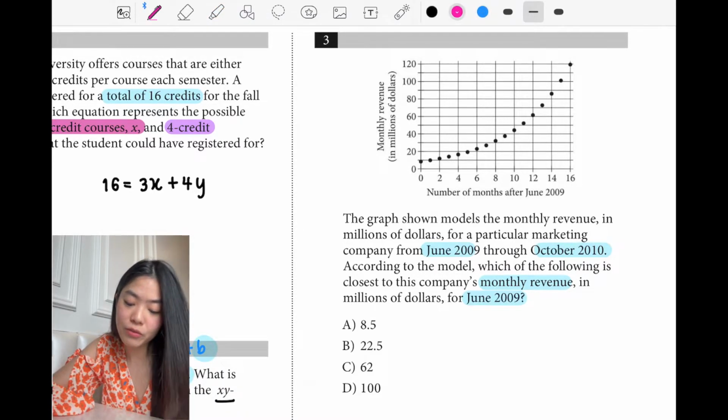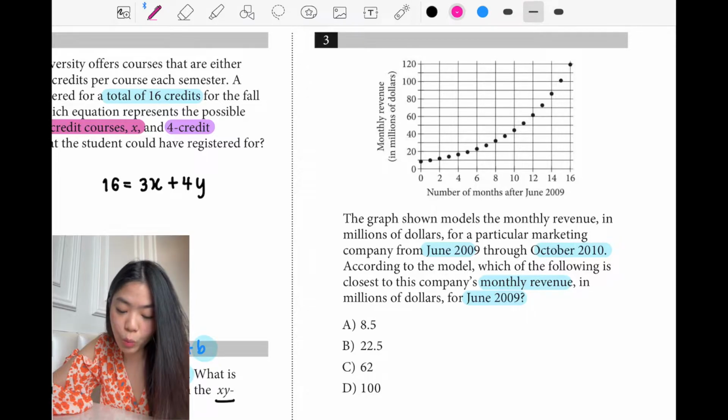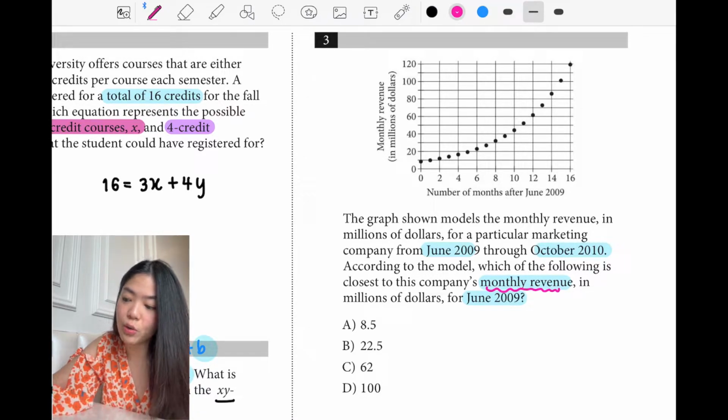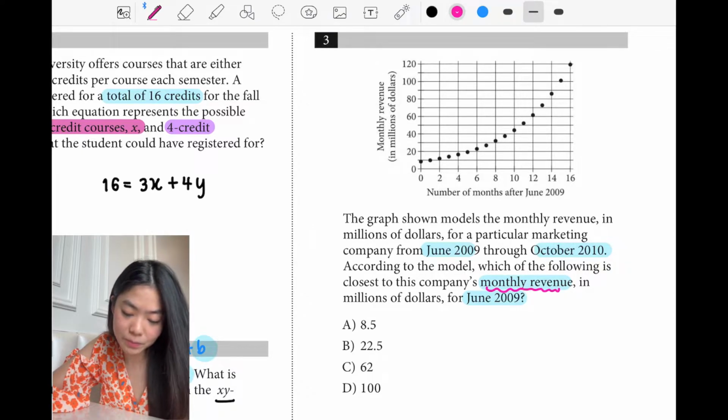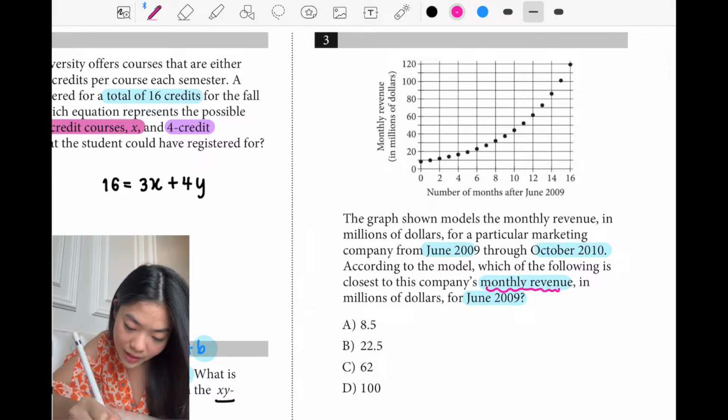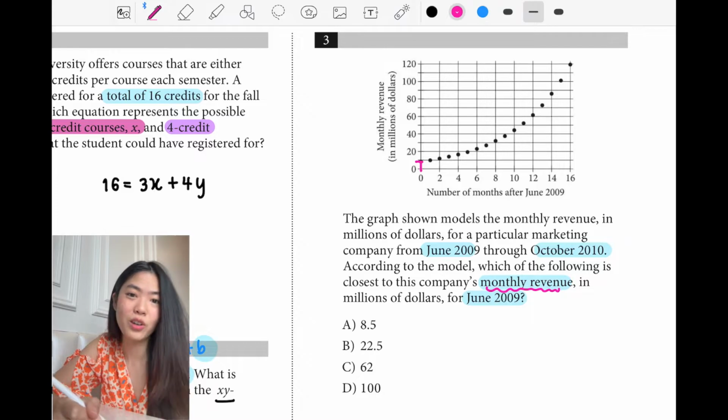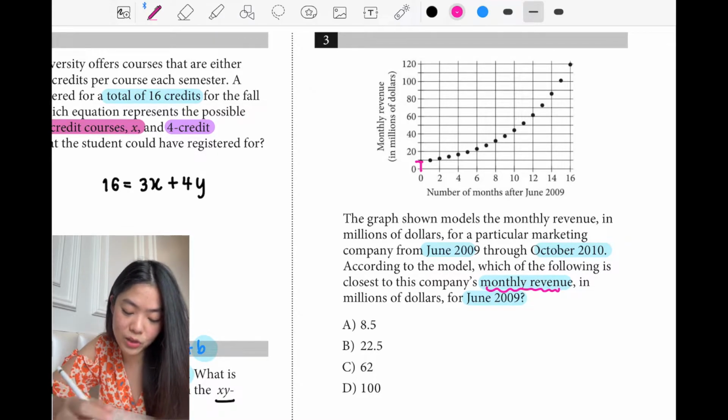So from here, we want to find the monthly revenue, so we're going to find the value here from the start, and the value from the start here is 8.5.